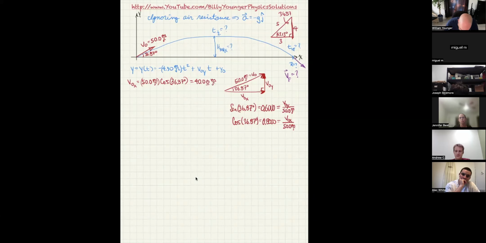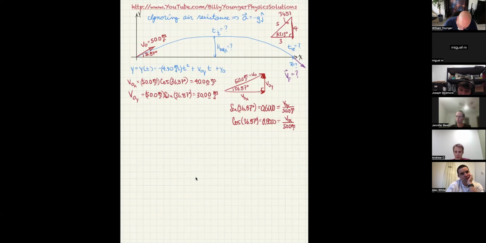I carried one extra digit there. It's not a sig fig. V0y is 50.0 meters per second times the sine of 36.87 degrees. Sine of 36.87 is 0.6, which is 3/5. And of course, 3/5 times 50 gives me 30.0, again adding one extra digit that's not significant, meters per second.